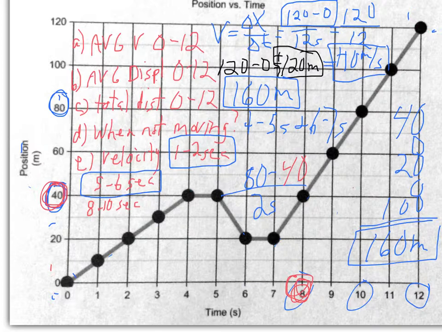So from 8 seconds to 10 seconds, we start at 40, we go to 80. So 80 minus 40 is 40 meters. And of course these are all positive direction or positive displacement.